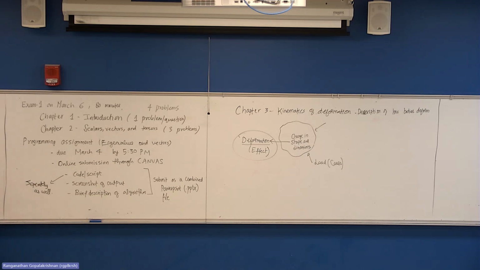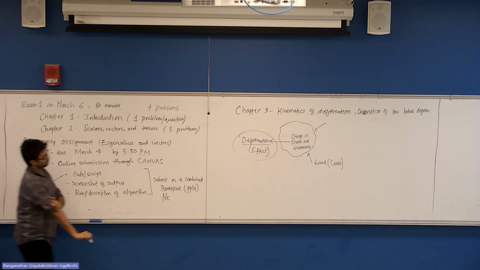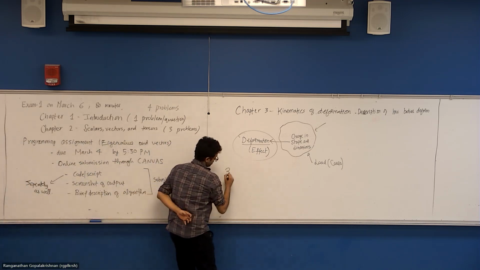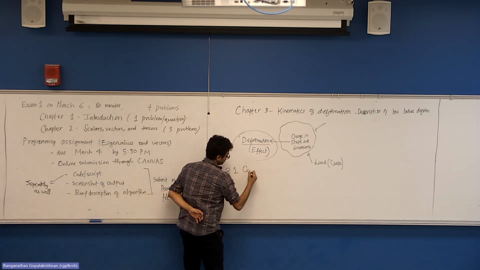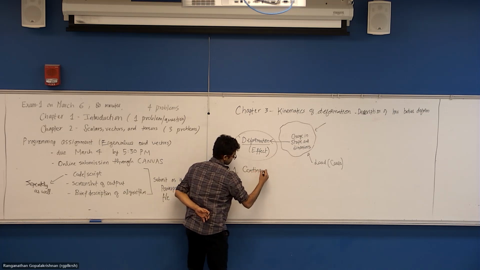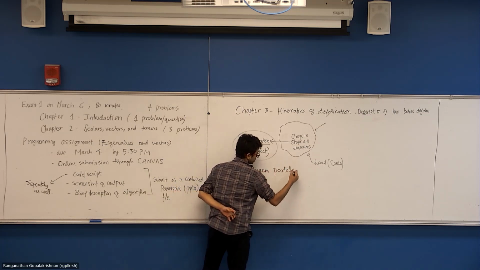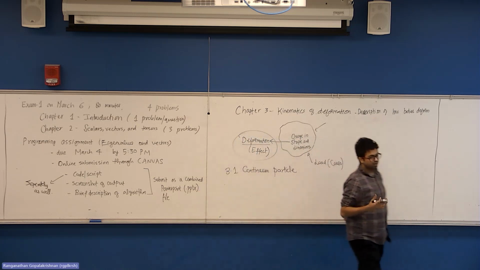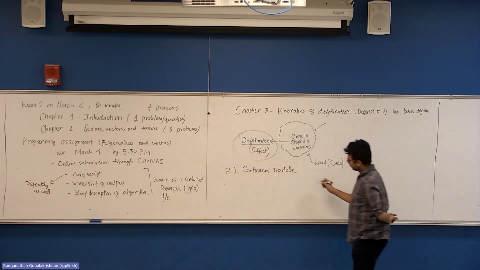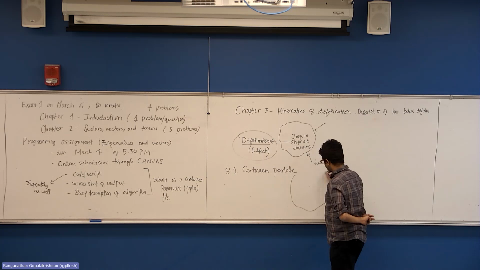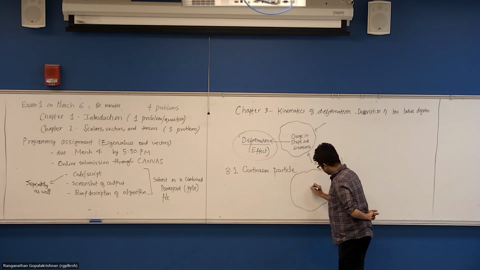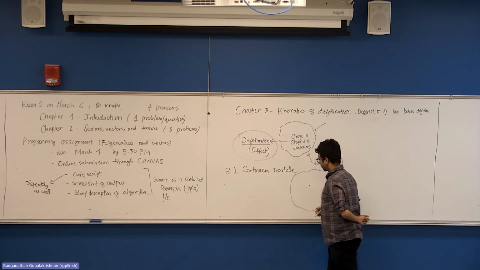To do that, we have to introduce some concepts as we usually do. The first concept we want to introduce is called the continuum particle. Let's say you have an object or a body and we choose a particular point.